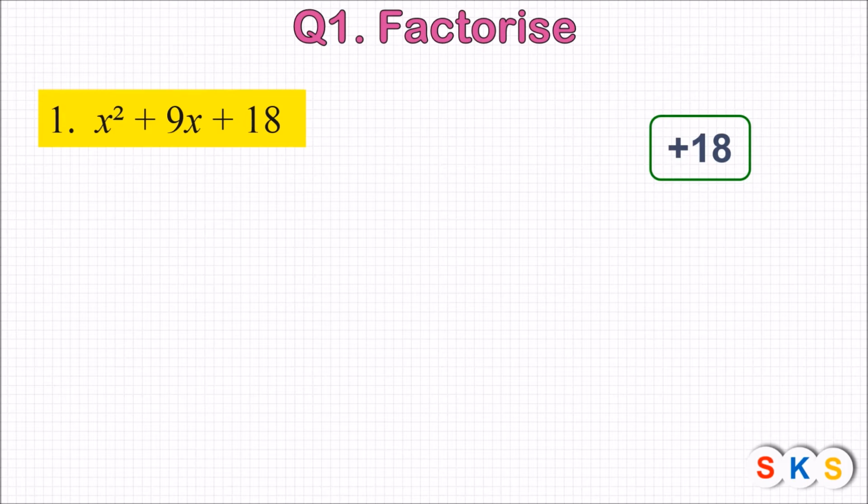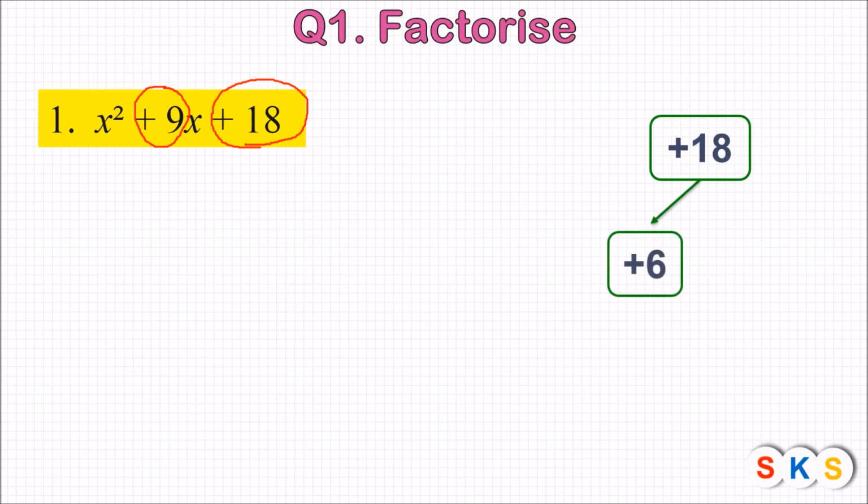Okay, when you multiply those two numbers, you should get plus 18, and when you add those two numbers, you should get plus 9. So let's see here, plus 6 and plus 3 are the two numbers whose product is plus 18, and if you add plus 6 with plus 3, you will get plus 9.